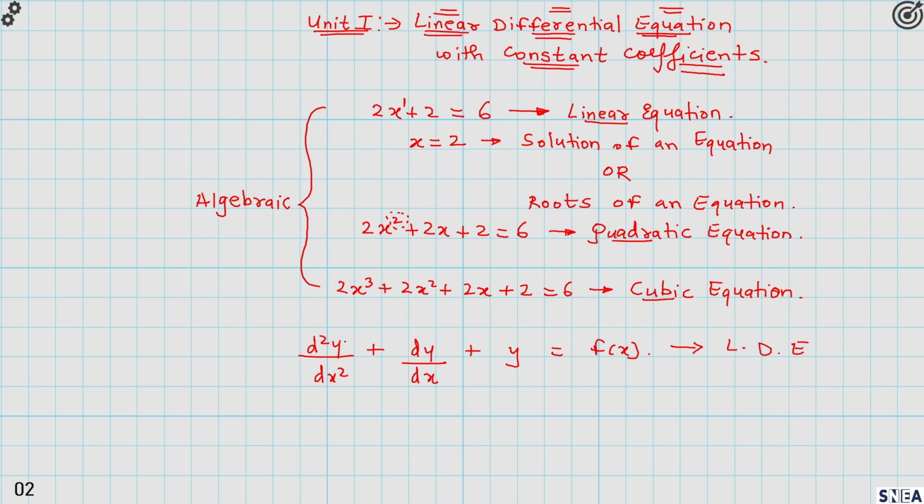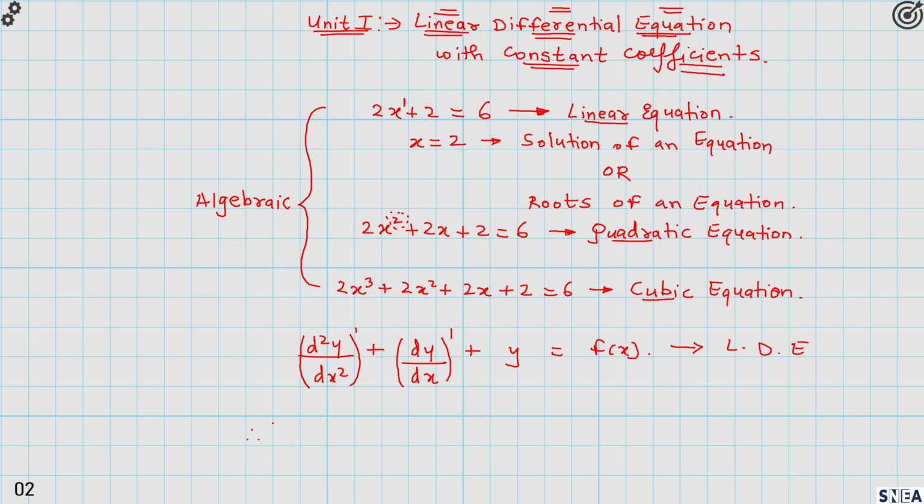Look at its degree: the highest power is 1, right? Are you understanding? Such an equation is called a linear differential equation. But our topic name is linear differential equation with constant coefficients, meaning there will be coefficients along with it.